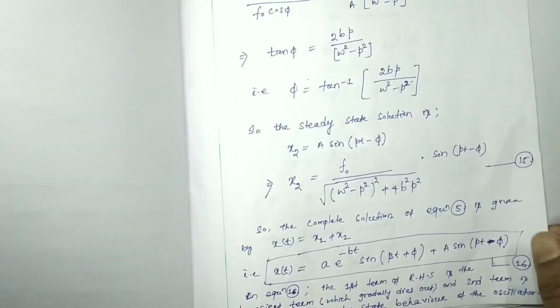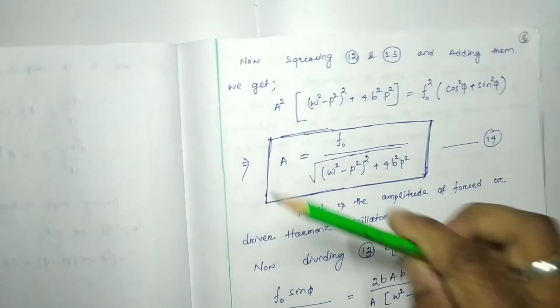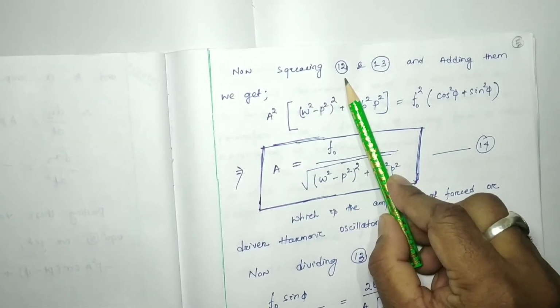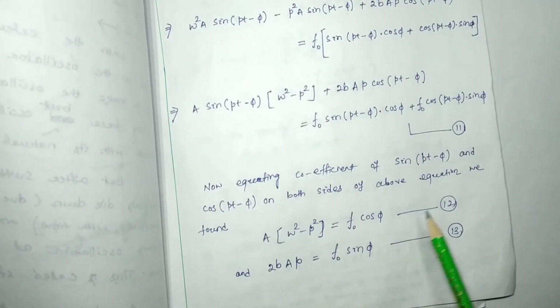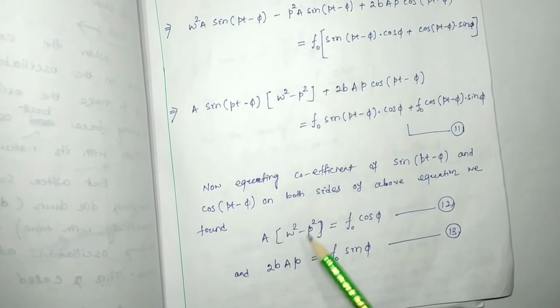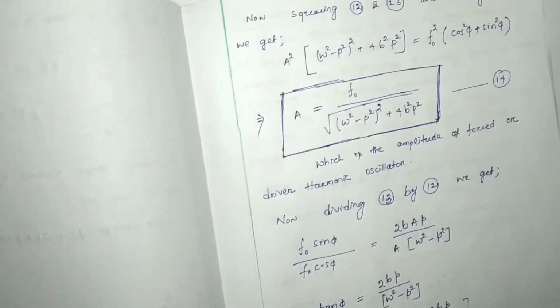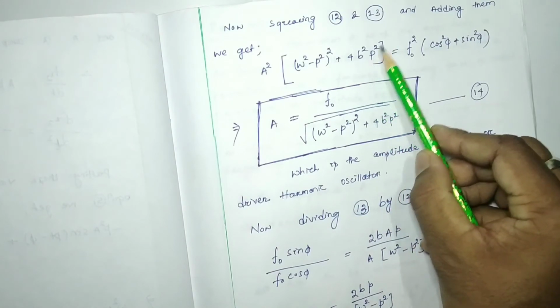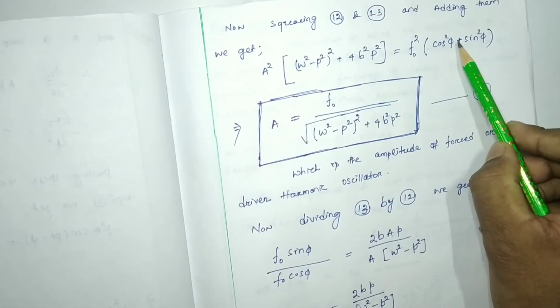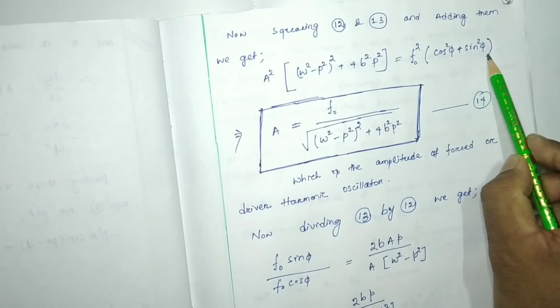Now what we have to do is square equations 12 and 13 and add them. Then we get a square into (omega square minus p square) whole square plus 4b square p square, is equal to f0 square (cos square phi plus sin square phi), and this will be equal to 1.